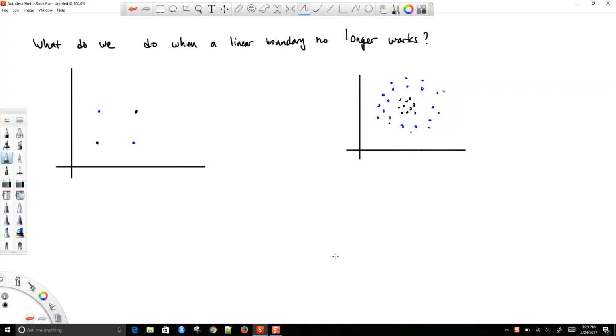So this is where we bring in something called a kernel. In this case, a kernel is a transformation.